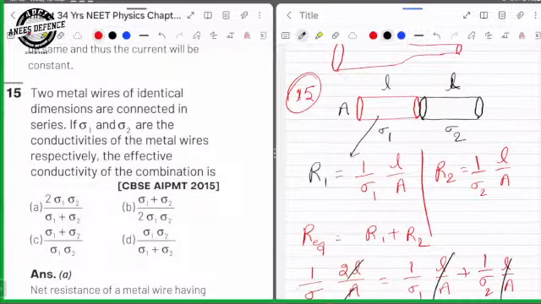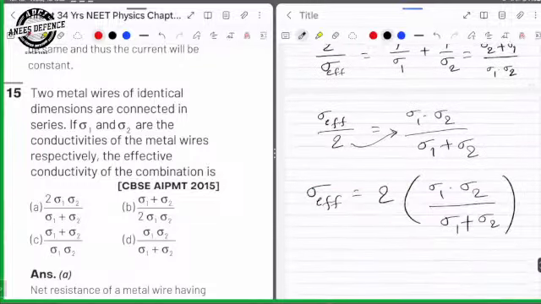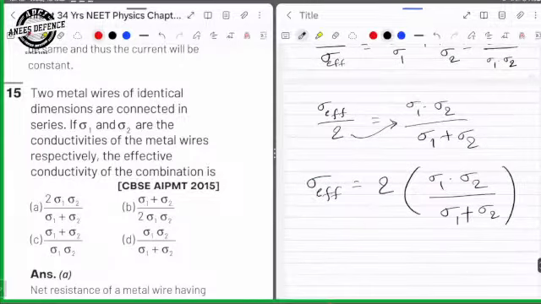But that is inverse of conductivity. So when you take inverse, the formula will be of parallel combination, and in parallel combination it is product upon addition. So you can remember it like that. Yes or no? So the answer is 2 into sigma 1 sigma 2 upon sigma 1 plus sigma 2. Option A is correct.